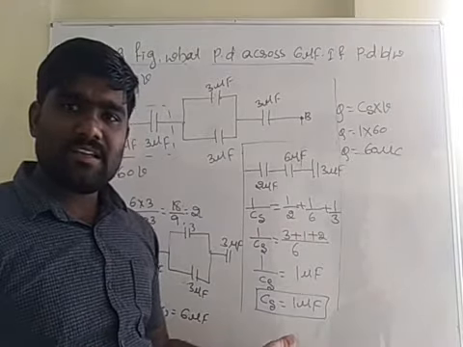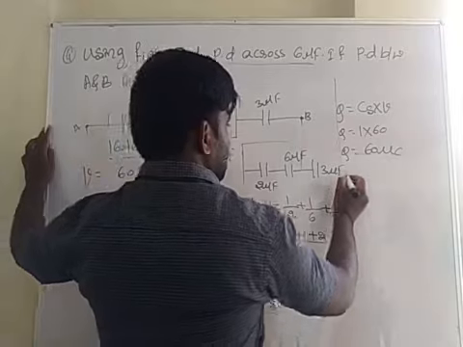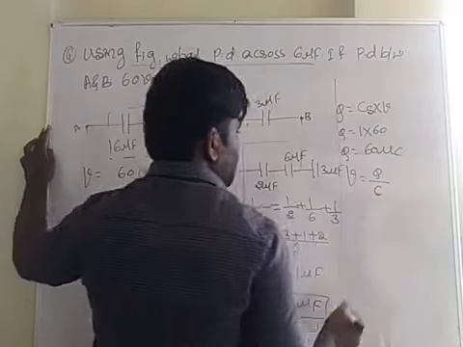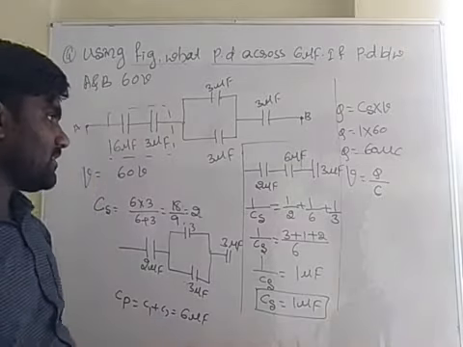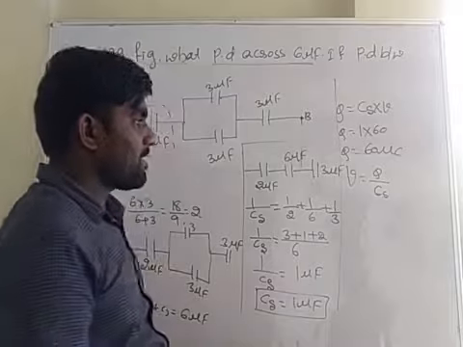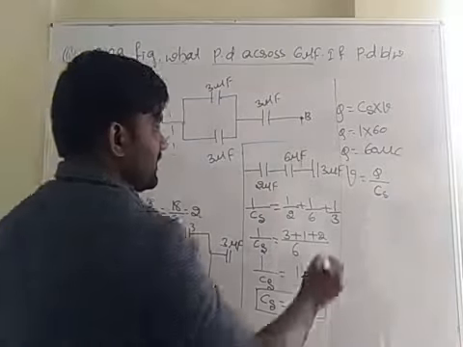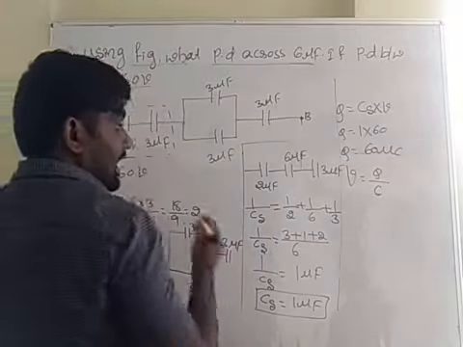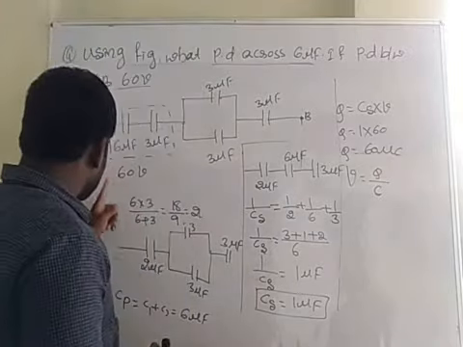From this, can we calculate the potential? Definitely. V is equal to Q divided by C, and the capacitance asked is across the 6 microfarad.